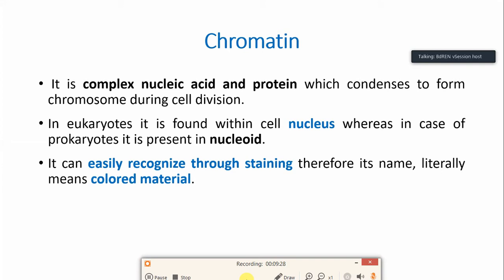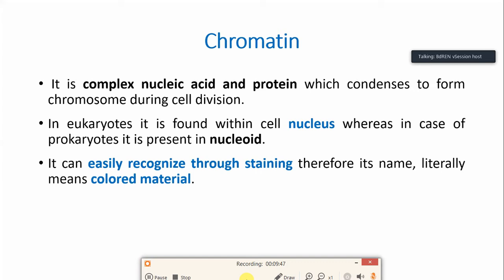This is known as the nucleoid. It takes color, so it can easily be recognized through staining. Therefore, its name literally means colored material.